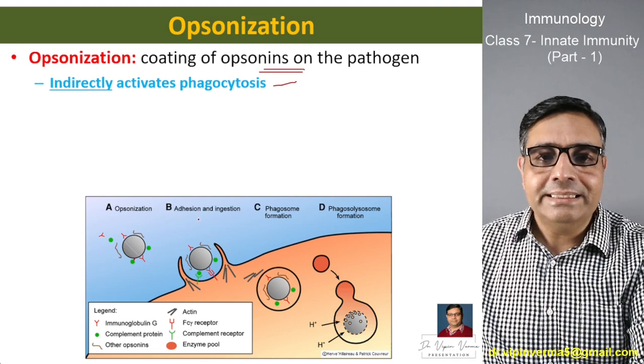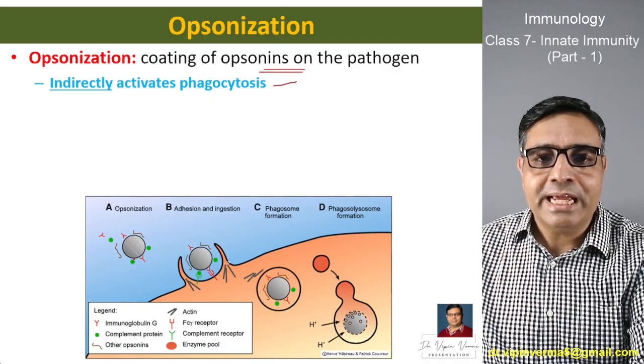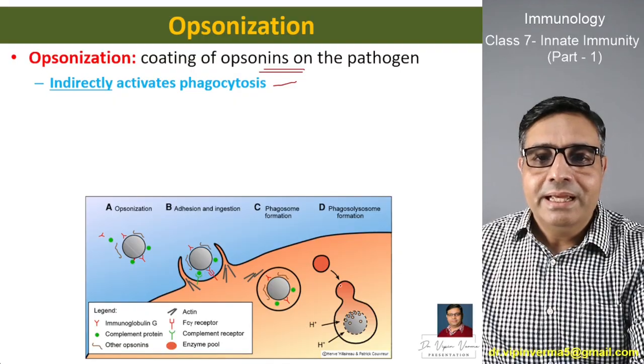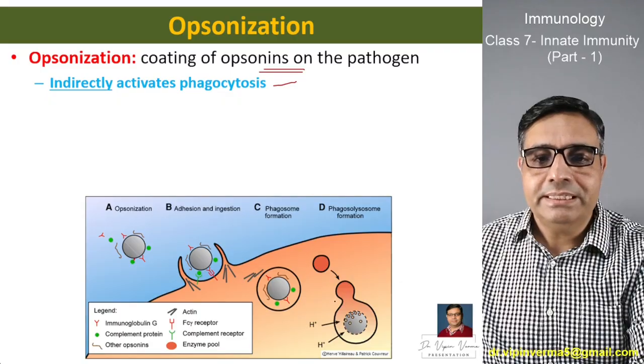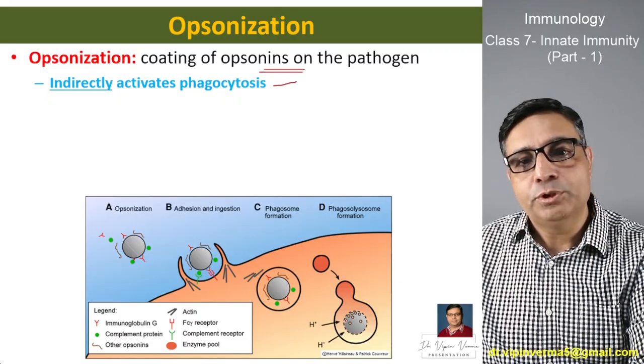Then there is attachment and ingestion, because we have the receptors here, and once that happens, there is phagosome formation, and ultimately phagolysosome formation, where the lysosome fuses with this phagosome and then degrades the pathogen.